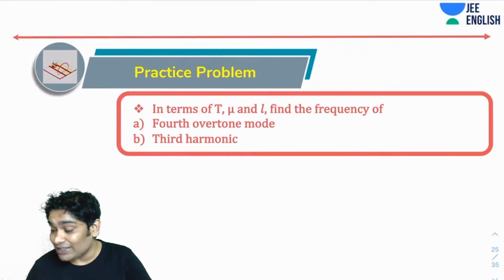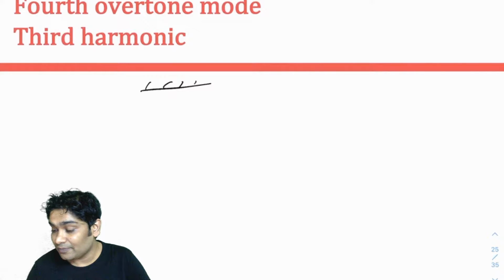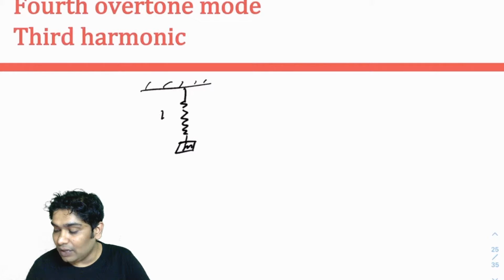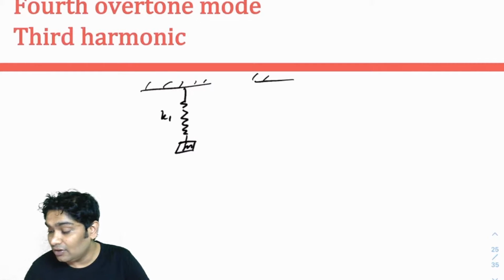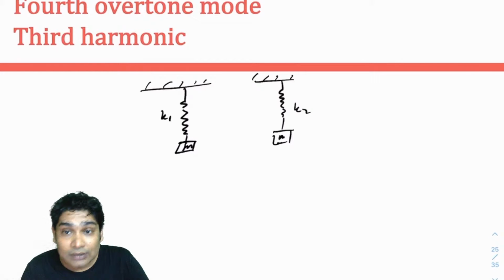There are two SHMs. One is happening like this: you have mass M and K1, and another is again mass M and K2. And you have been told that they have the same maximum velocity.